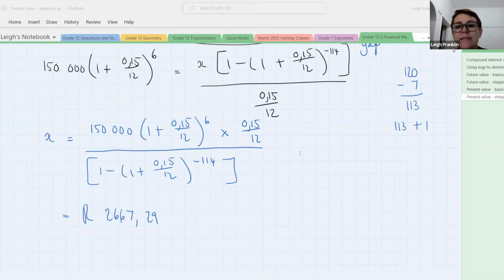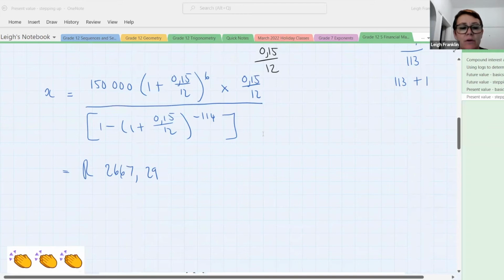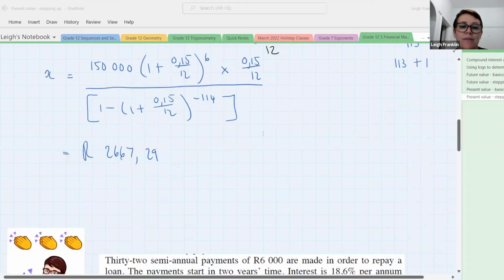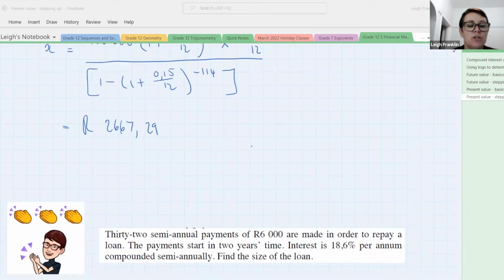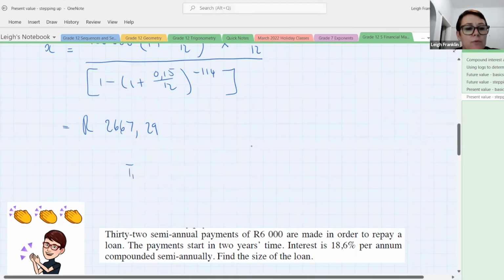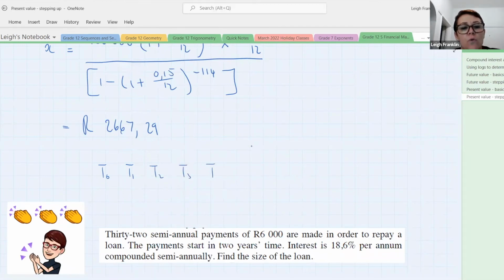Okay, can you see there? Look at it like this. Imagine we've got T0, T1, T2, T3, T4, T5, T6, T7, T8, T9, T10. Let's just make this a little bit simpler.